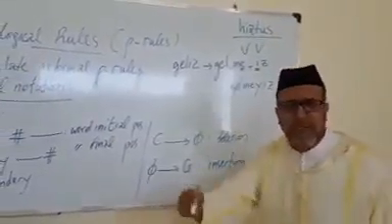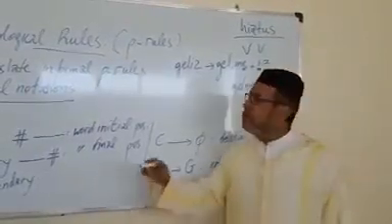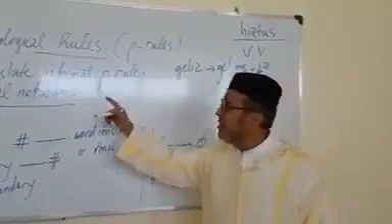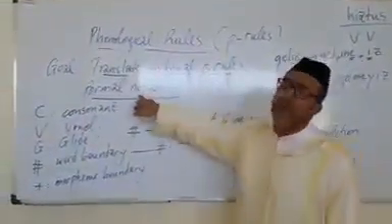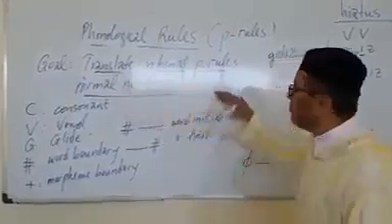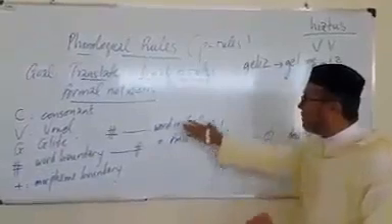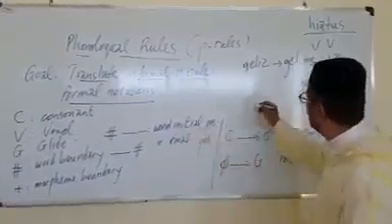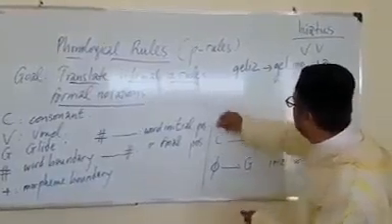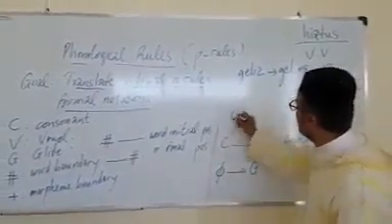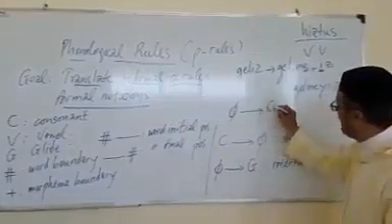Now you might write it this way. But if you are asked to translate this informal phonological rule into formal notation, then what you're supposed to do is this. In other words, you put it into formal notations. So we insert a glide. That's insertion. What is inserted? A glide.